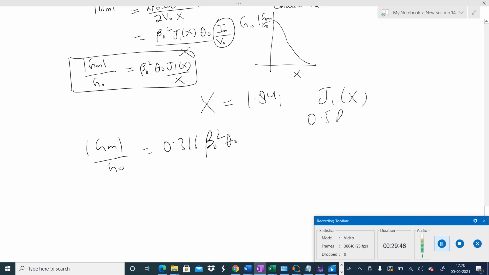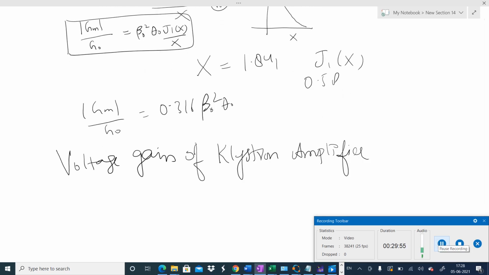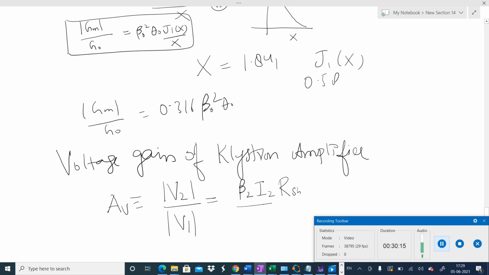Now finally we can define voltage gain AV of klystron amplifier as the magnitude of V2, the voltage developed in the catcher cavity, divided by the RF input voltage V1. And V2 is the induced current I2 times the shunt resistance.